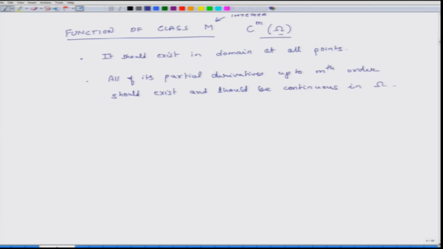Okay. So, for instance, this domain could be one dimensional, two dimensional, three dimensional, it does not matter. For instance, let us say my domain is the set of points x from 0 to 10.